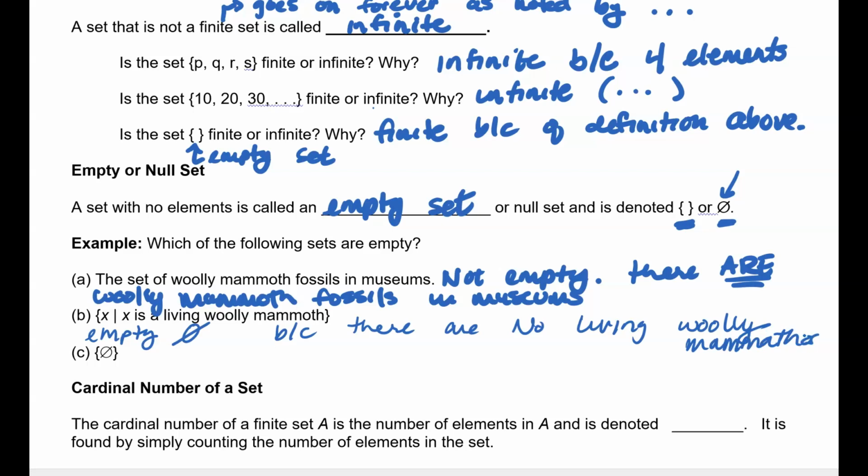And last but not least, this one's kind of weird, but you've got a set here and the empty set inside of it. So technically, we're going to say this is not empty because this set has the empty set inside of it.